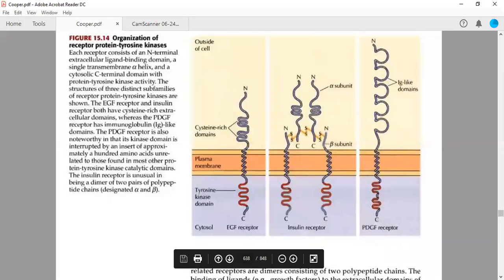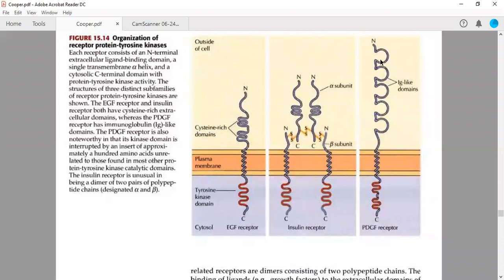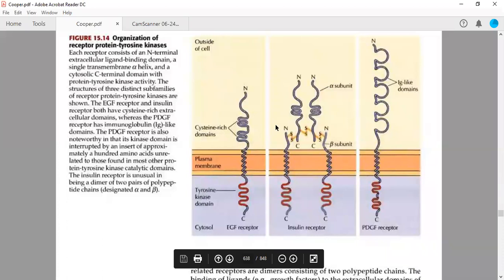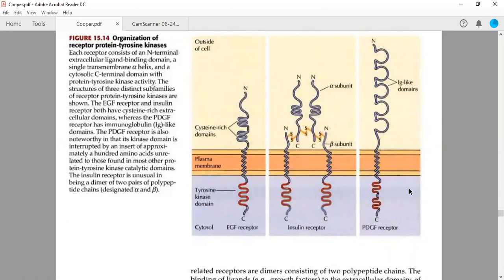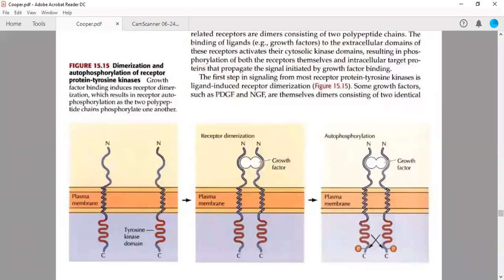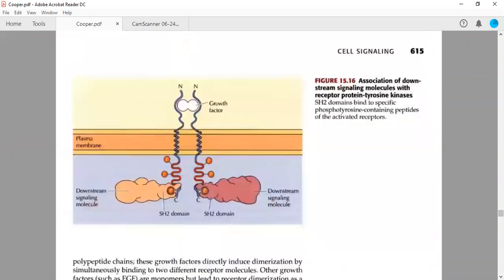It does not have catalytic activity, but it is present in these types of receptors. Based on structure and certain properties, they can be classified into three major families. Actually these are the same family, receptor tyrosine kinases, but these are subfamilies.